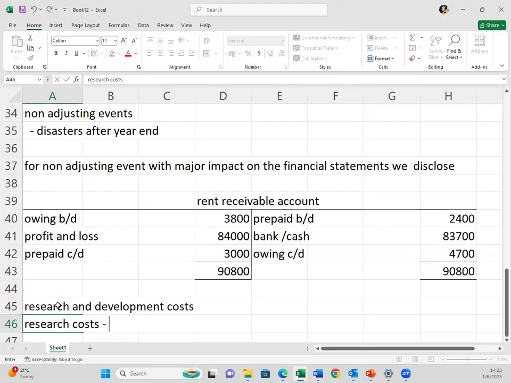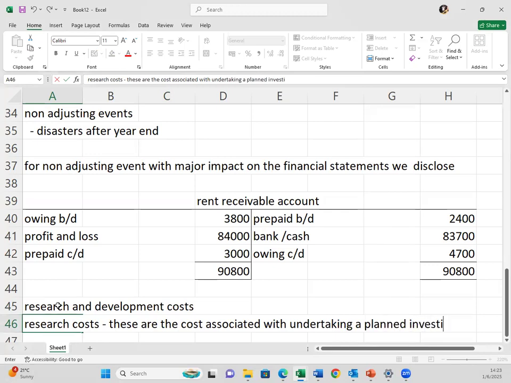These are the costs associated with undertaking a planned investigation.